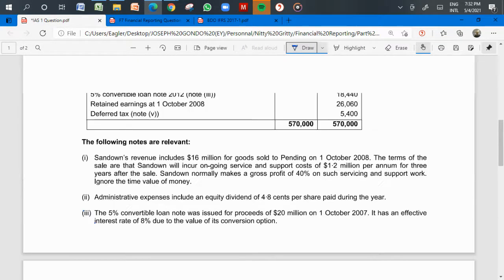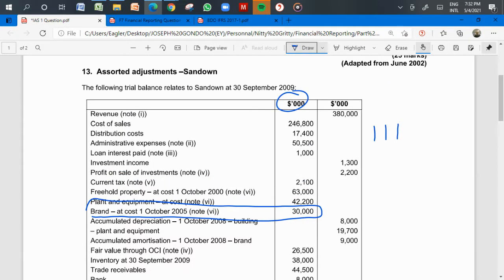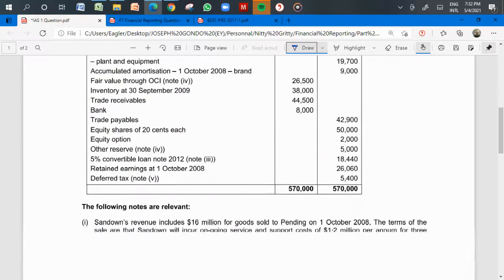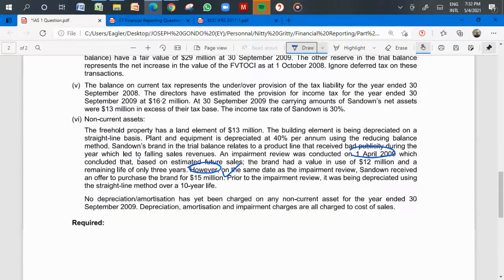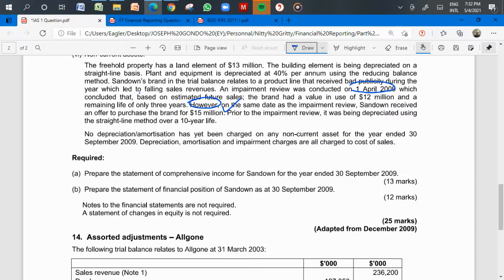So it's 3 complete years plus half year. So we have 3.5 years from the date we acquired the brand up to the date when we are doing the impairment review. We are told that prior to the impairment, it was being depreciated using the straight-line method over 10 years.